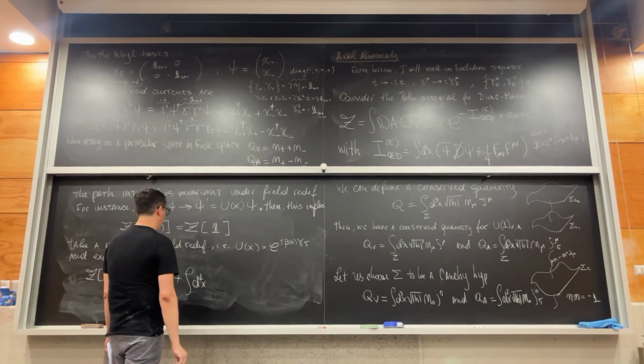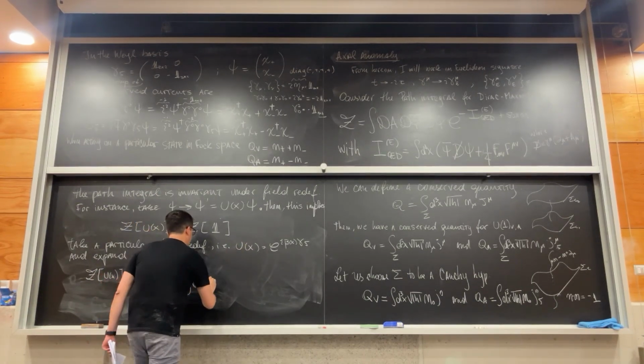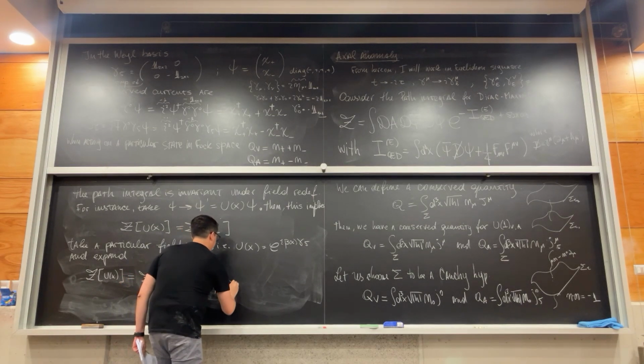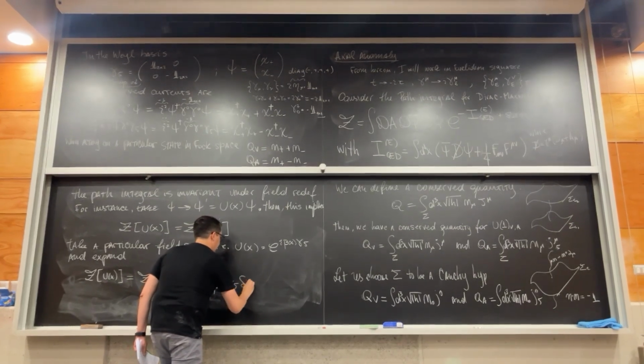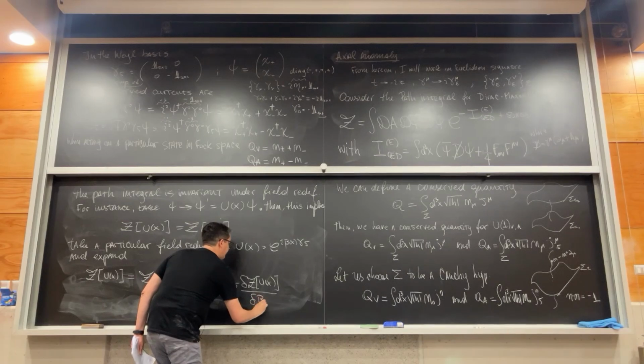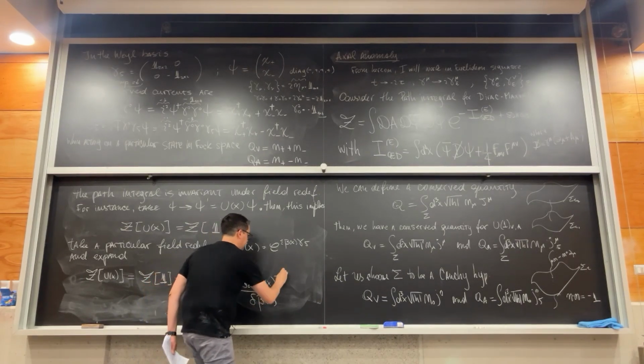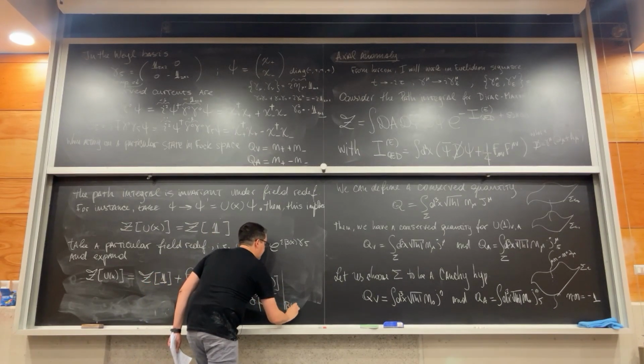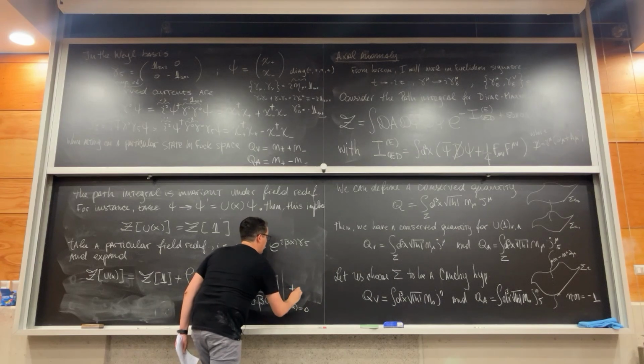This will be the integral d^4x, then i beta(x) gamma 5, delta psi(x) over delta beta(x), where beta(x) is equal to 0 plus blah blah blah.